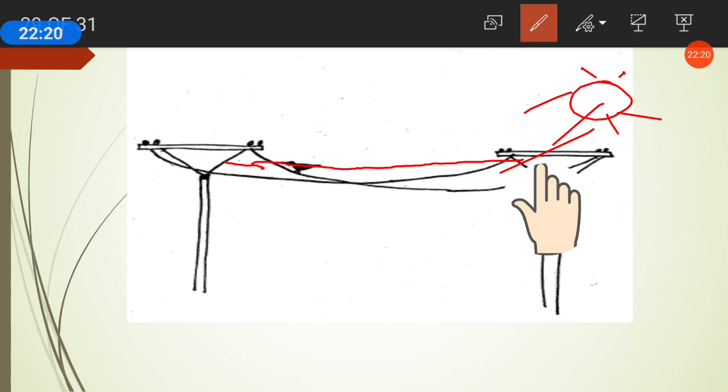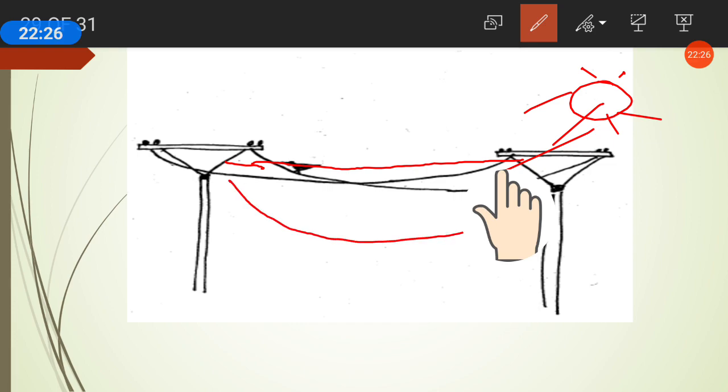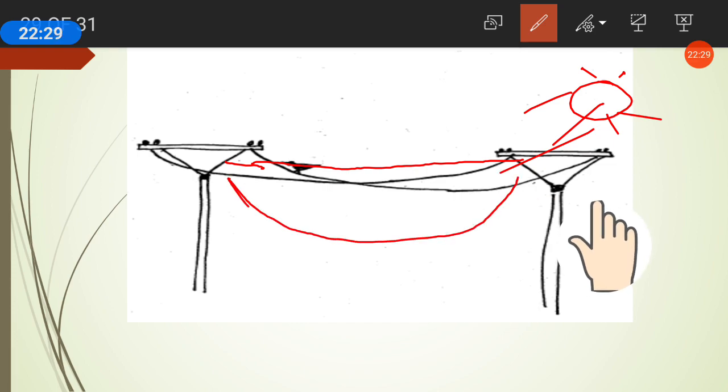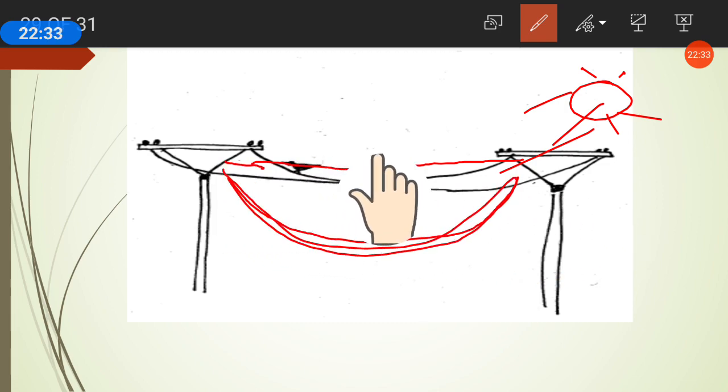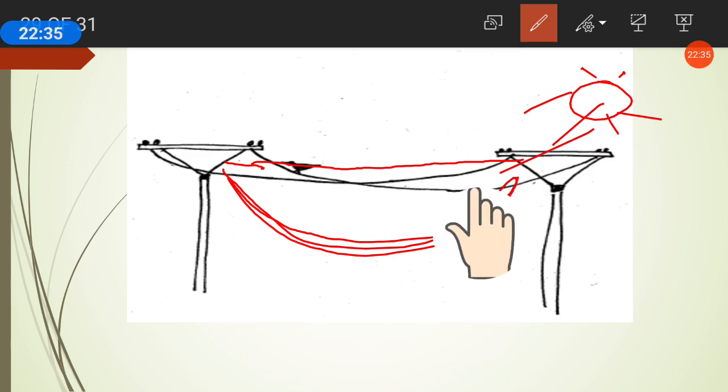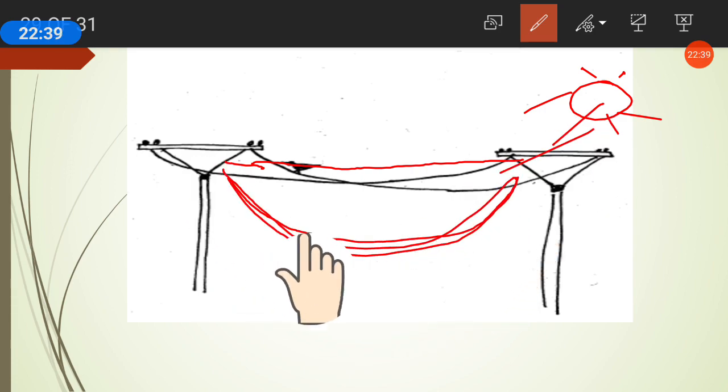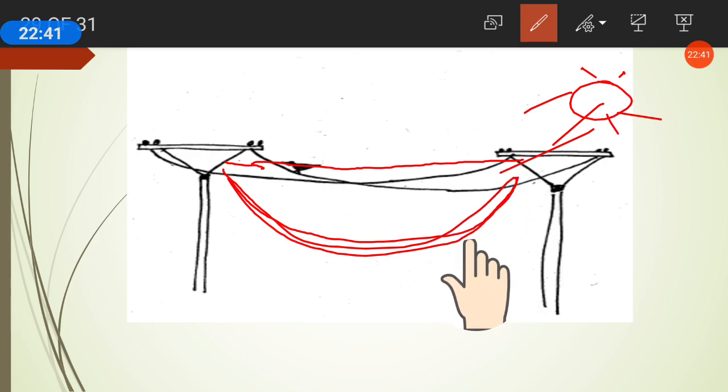Because of the heat of the sun, the wire may sag in this way. This much was the length of the wire, but because of the heat, the wire increases in length, meaning it expands, and in this way it sags down. So this is also an example of thermal expansion.